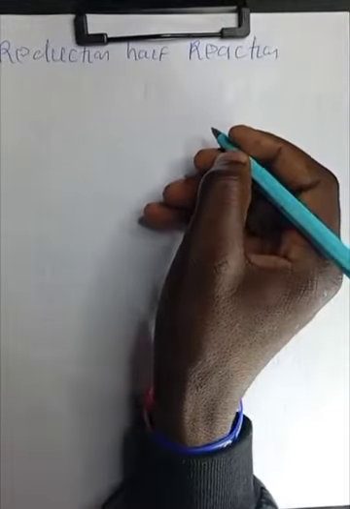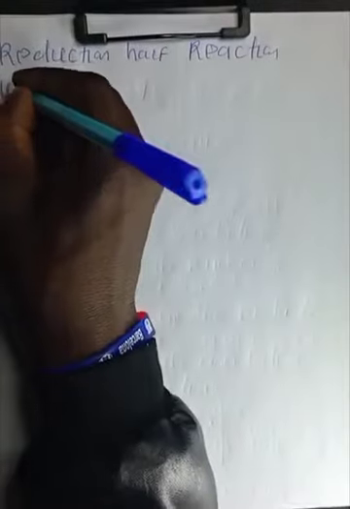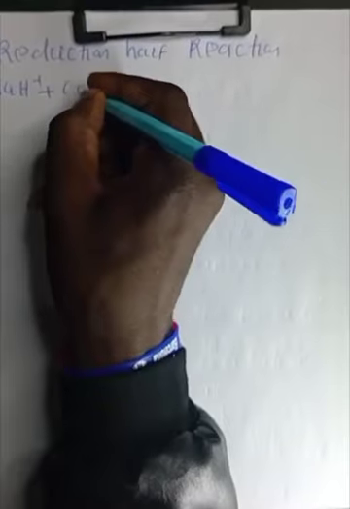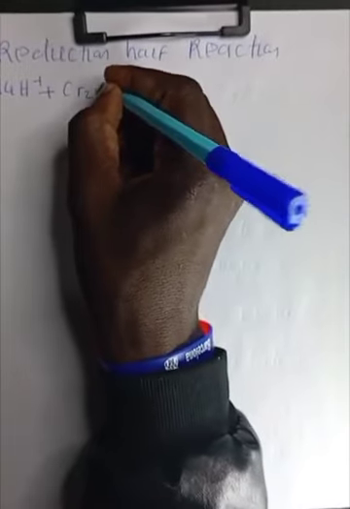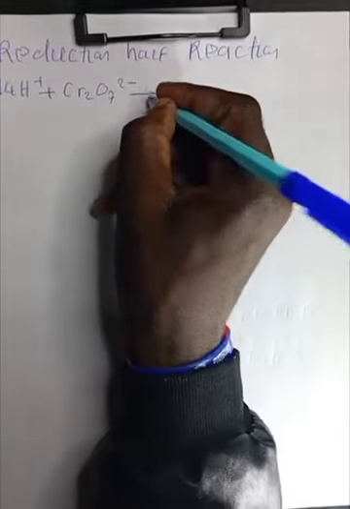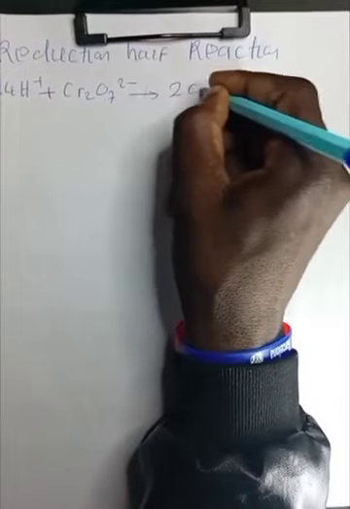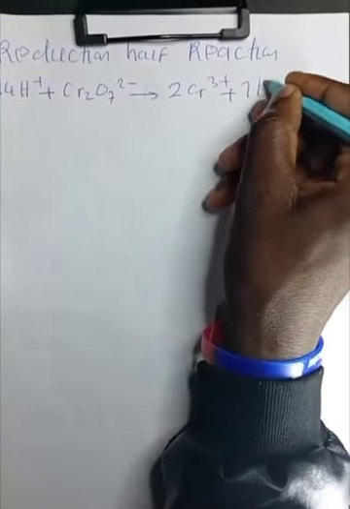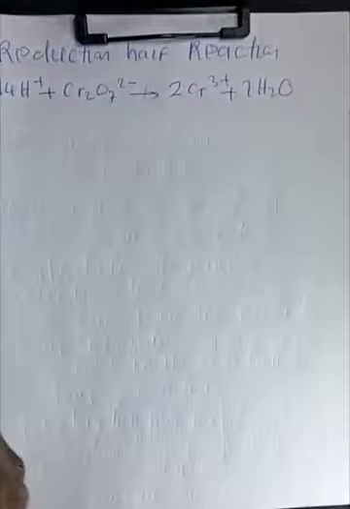We have 14 hydrogen ions plus Cr2O7 minus, giving us 2 Cr plus 3, then plus 7 H2O.